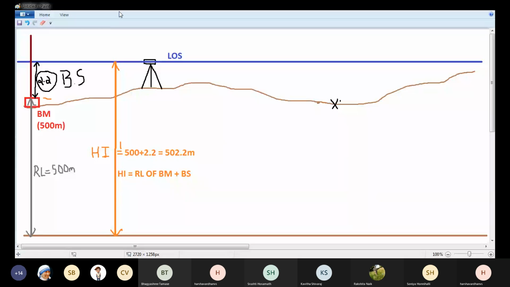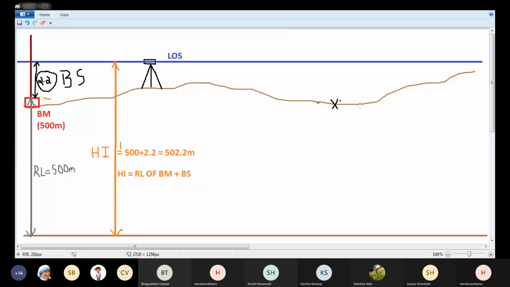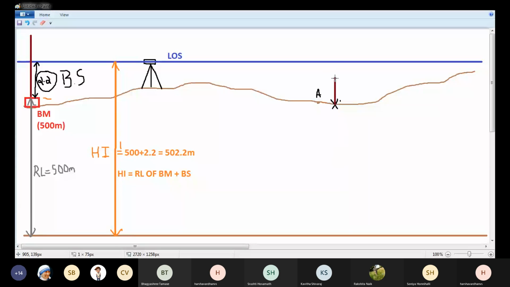Let's say I want to calculate the elevation of point A. So this is point A. I'll take the leveling staff and hold it on point A, and through my telescope, along the line of sight, I'll take the staff reading.